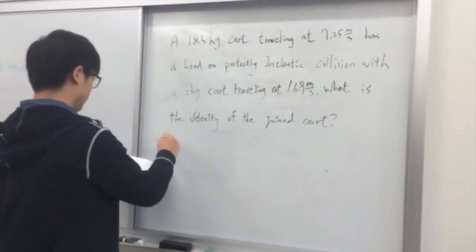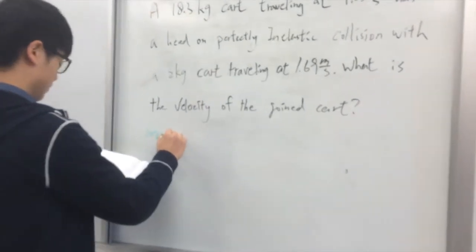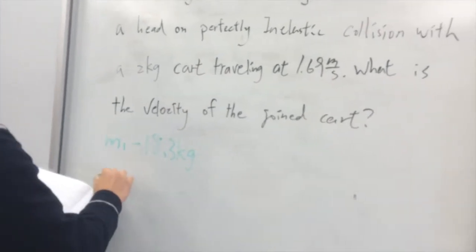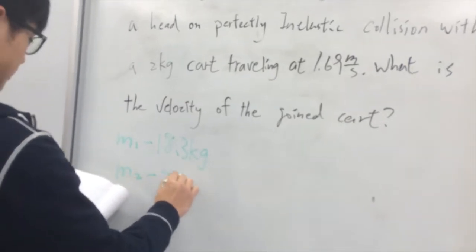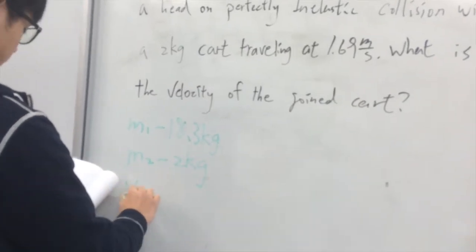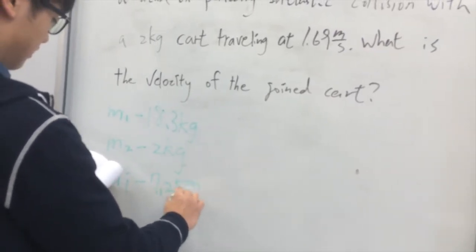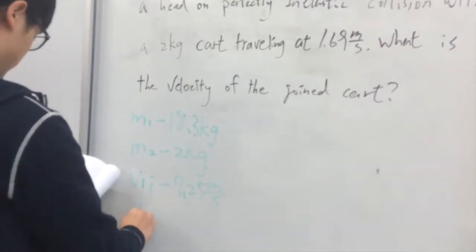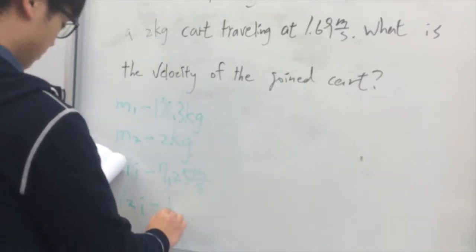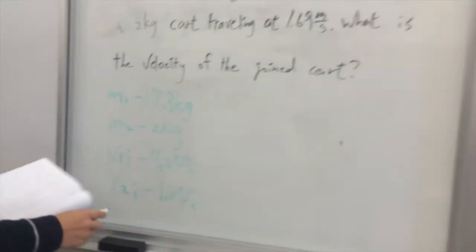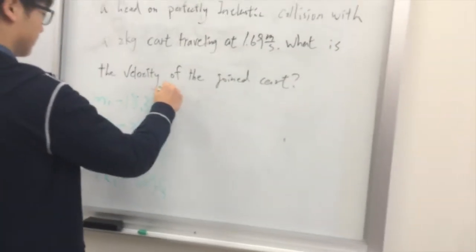So we already know m1 equals 18.3 kg, m2 equals 2 kg, V1 initial equals 7.25 meters per second, V2 initial equals 1.69 meters per second. And we are finding Vf.